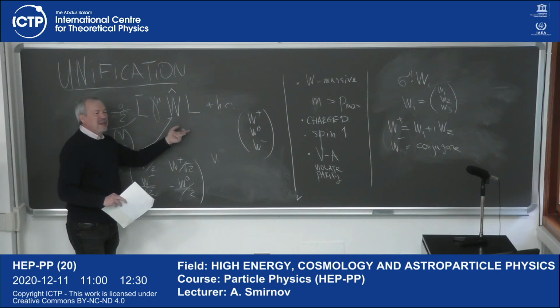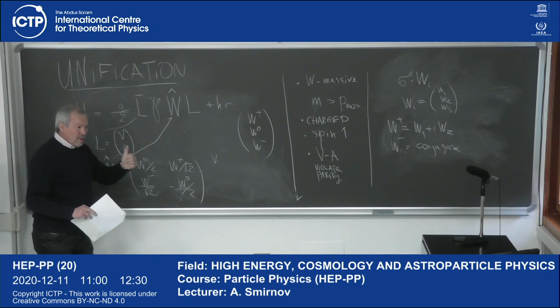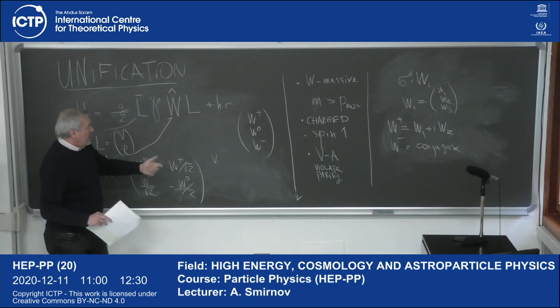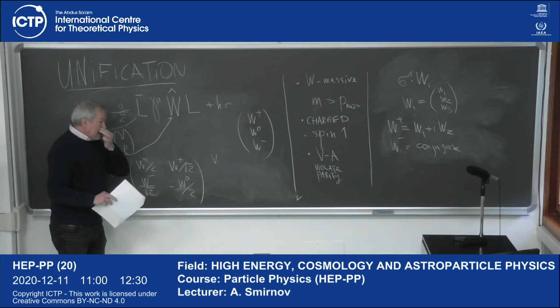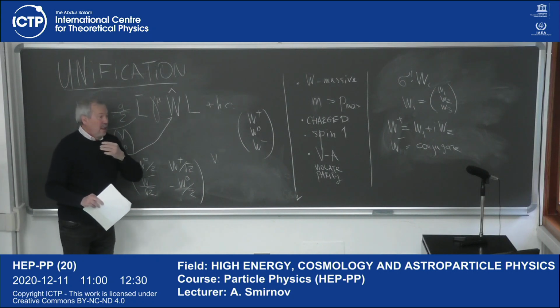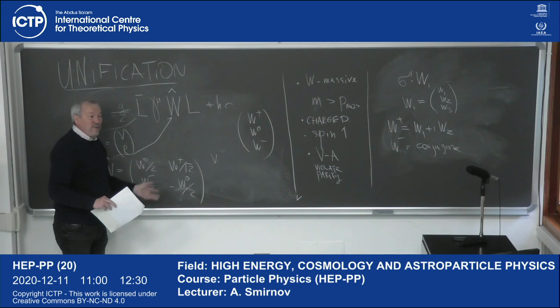By the way, this is completely the same as what we discussed in the tutorial, remember, when we discussed the interactions of proton and neutron, nucleons, with pions. This is the analogy of pi 0, pi plus, pi minus. Remember, we represented the triplet in precisely this form, pi 0, pi plus and pi minus, and that form was SU2 invariant.